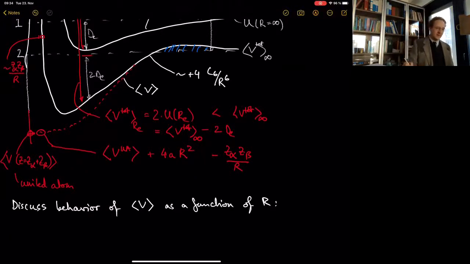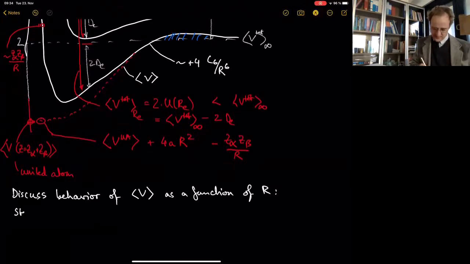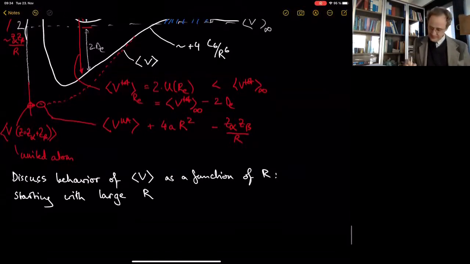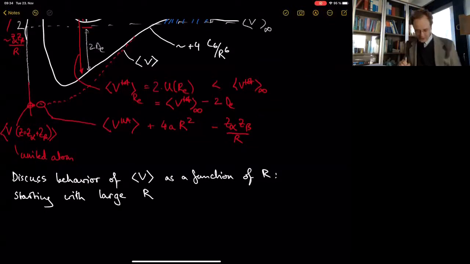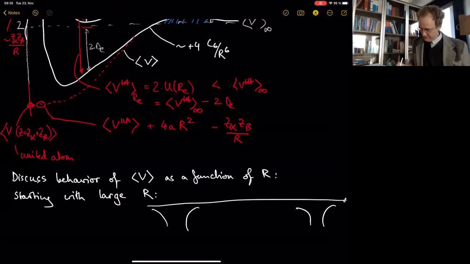So we start out with large R. The two potentials are so far away, and so let's suppose these are the two potentials, and this is R again, and so one nucleus sits here, the other one sits here.